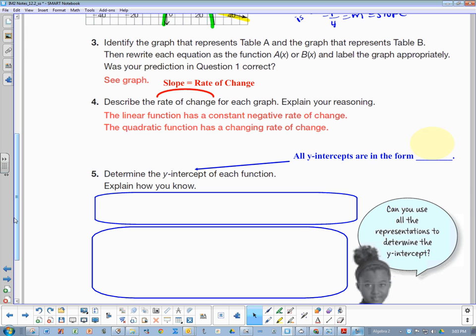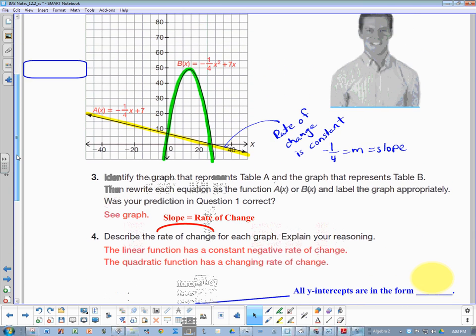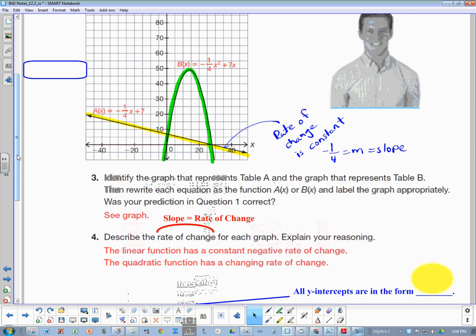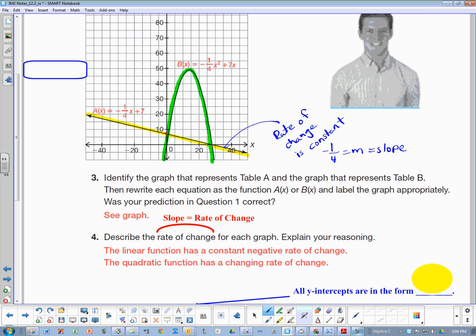All right, the y-intercept. We head back up here. We need to be looking in this region, folks. Let's focus right there. So I'm going to be looking at, let's get a red marker out here, that point and that point.